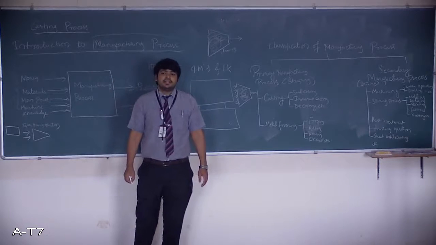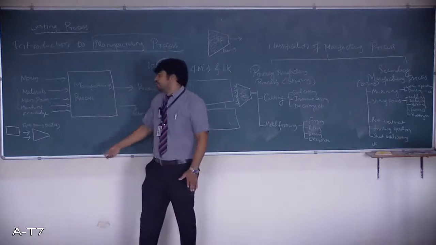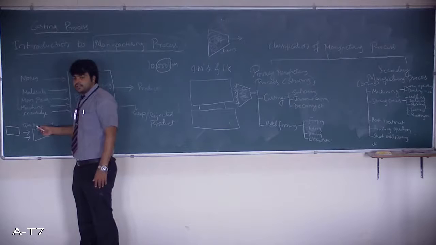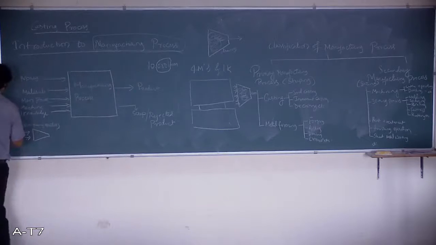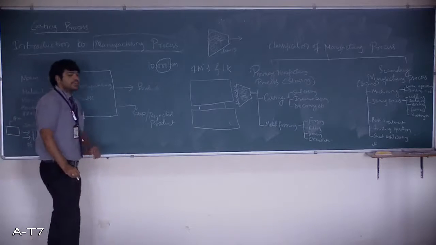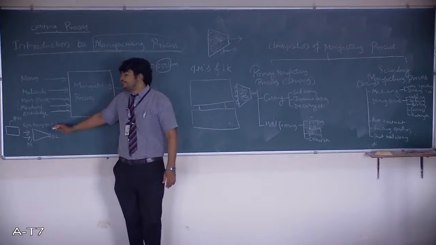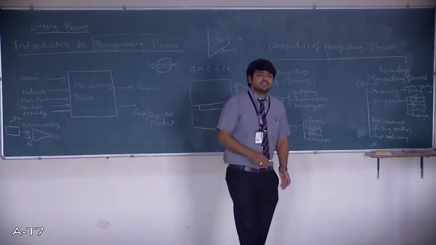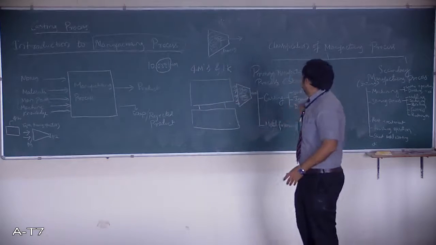Mild steel bar, if I want to convert an MS bar into this particular geometry, for example, if it has a diameter of say 20 mm and we require this part as 19 mm and this part as a diameter of 12 mm, that can be converted in this fashion by making use of the taper turning operation with certain taper turning attachments or by swiveling the compound rest in the lathe machine.